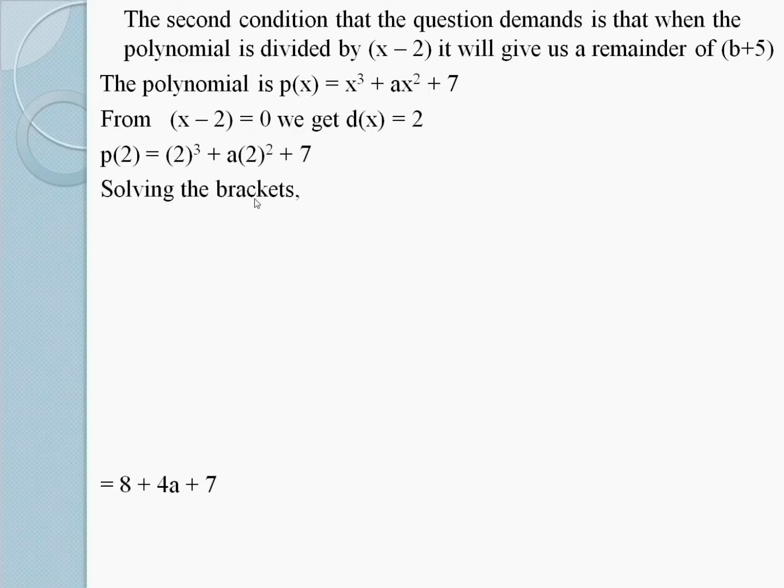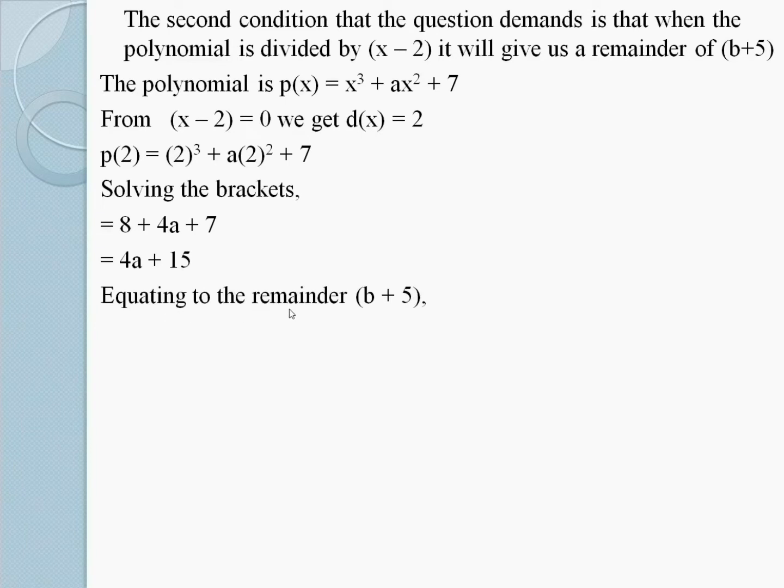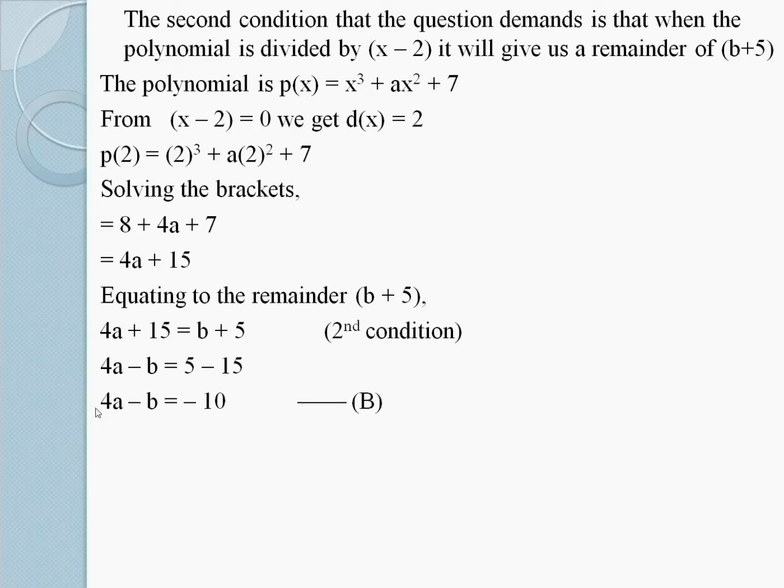Solving the brackets: 8 plus 4a plus 7, 4a plus 15. Equating to the remainder b plus 5. According to the question, 4a plus 15 equal b plus 5, second condition. 4a minus b equal 5 minus 15. 4a minus b equal minus 10, equation B.